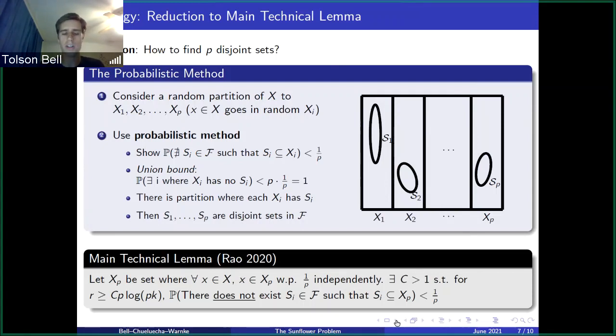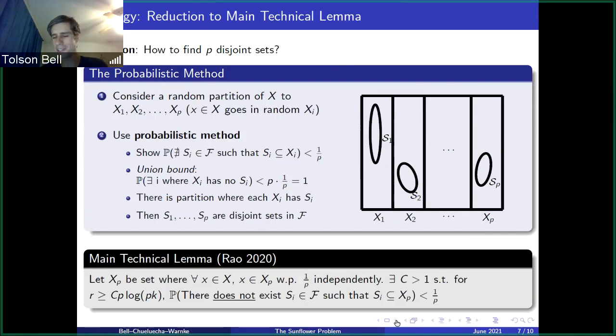For that r, Rao was able to prove that the probability of failure is less than 1 over p, given that we're taking 1/p of the elements. And this is the lemma that we proved was asymptotically sharp. Actually, we can't get a lower value of r than p log pk times some constant.